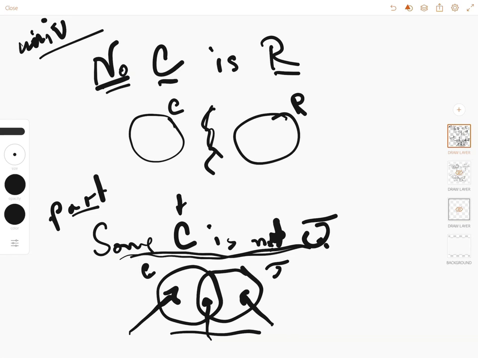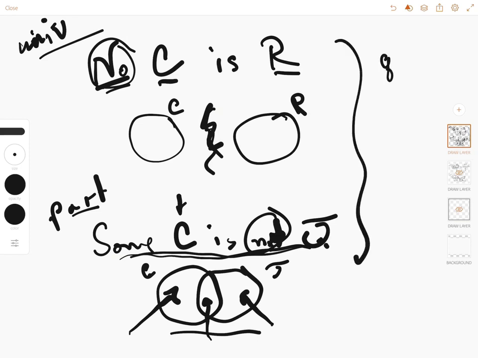Okay, so this characteristic of excluding things, usually indicated by a negative of some kind in ordinary English, right? Like no C is an R or some C is not a J. This characteristic is called the quality, right?